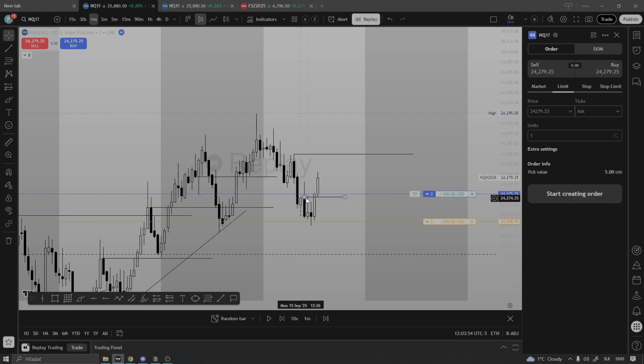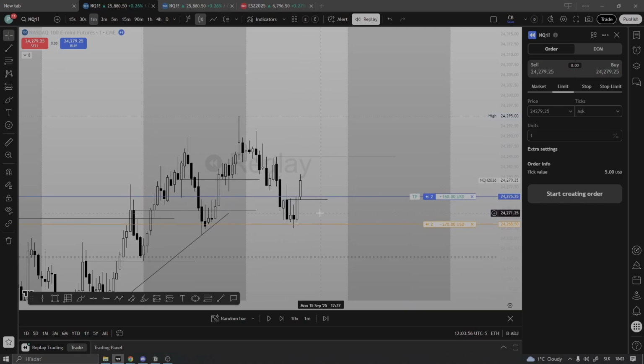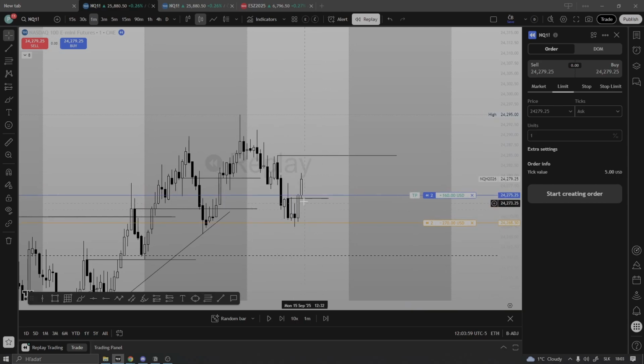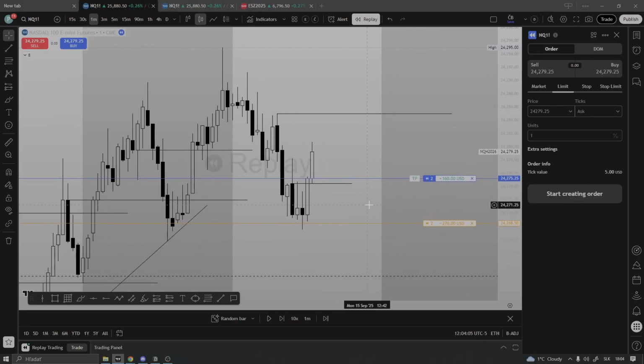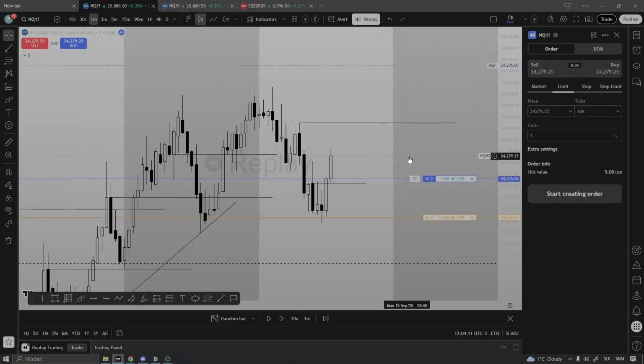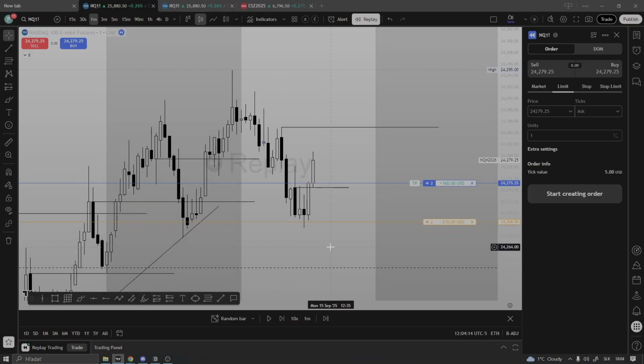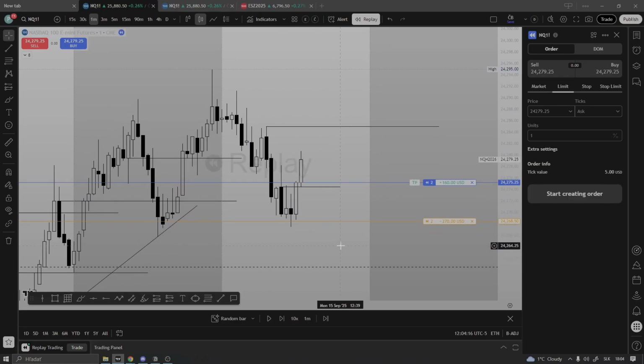Okay, we are retesting that order block that was just created. Also, I think this is a breaker, no? MSD. Is it or not? No, I don't see it as a breaker.